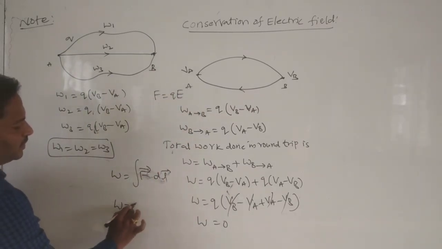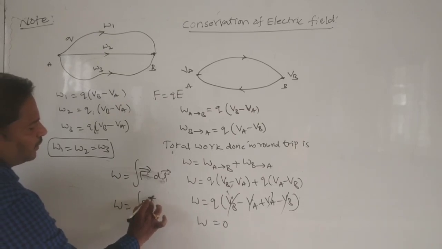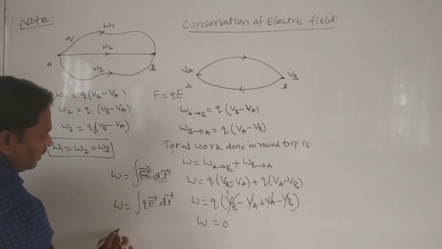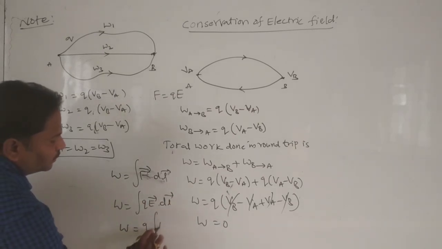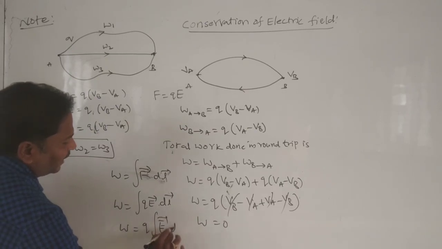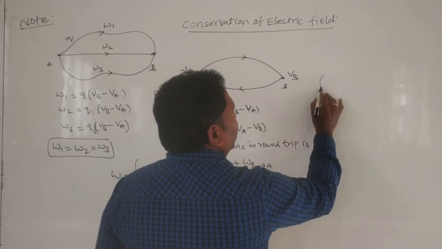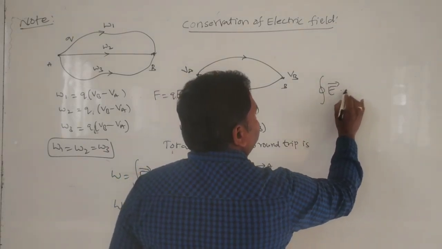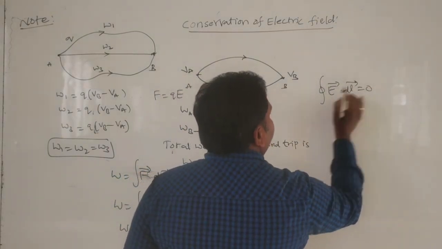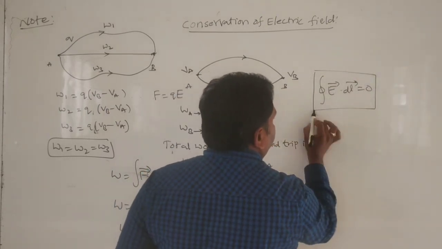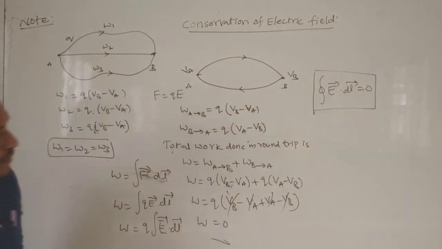So now W is equal to the integral of q into E bar dot dl bar. So W is equal to q into the integral of E bar dot dl bar. The total work done is already 0, so the integral of E bar dot dl bar is equal to 0. So this is the conservative field condition of work done.